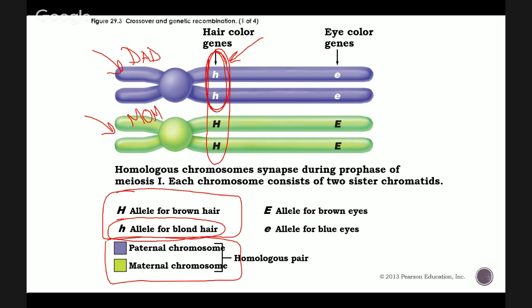If you want to do X, it can be X. If you want to do B, it doesn't matter what the letter is, whether it's capital or lowercase. And this isn't necessarily dominant recessive. It's just that lowercase h is the symbol we're going to use for the blonde hair allele, and the uppercase H is the symbol we're going to use for the brown hair allele. Got it? This isn't dominant recessive necessarily. It's just the symbols that we're using. You follow me?